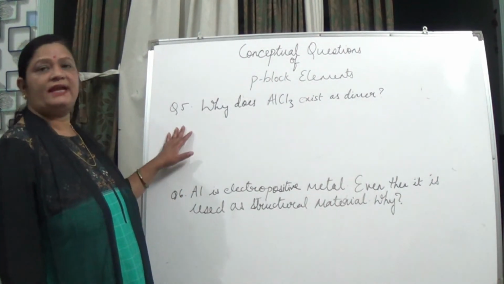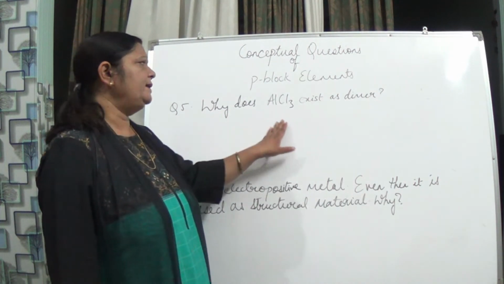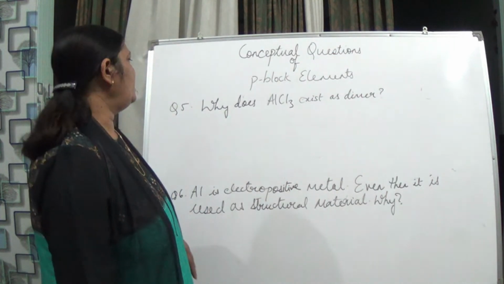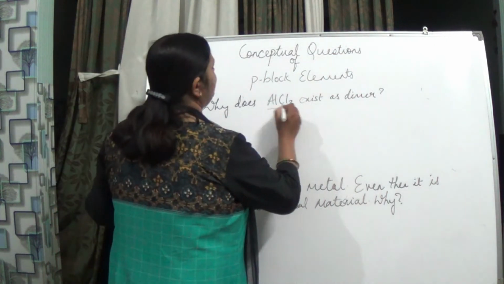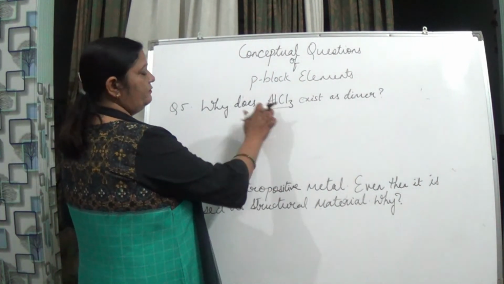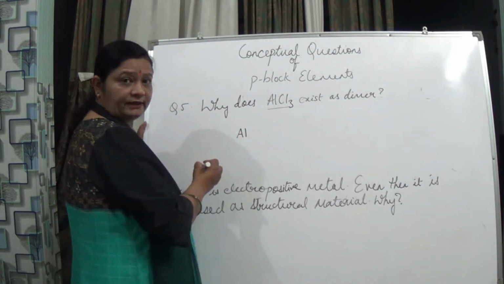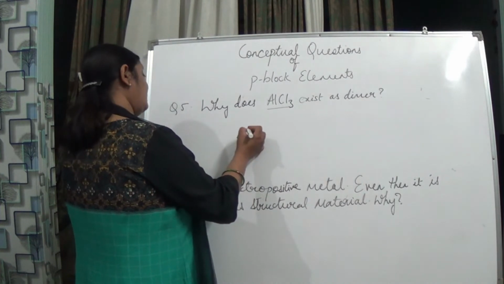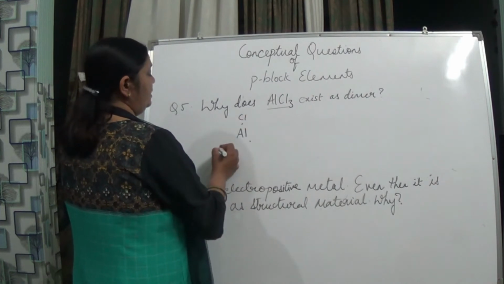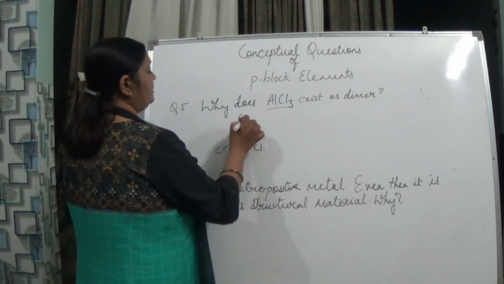So now, students, coming to the next conceptual question, or the reasoning question you can say: why does AlCl3 exist as a dimer? Actually, in AlCl3, aluminium forms the bonding with chlorine. Aluminium's valence electrons, if we see, are how much? 3, isn't it? So what happens over here? Is its octet complete?